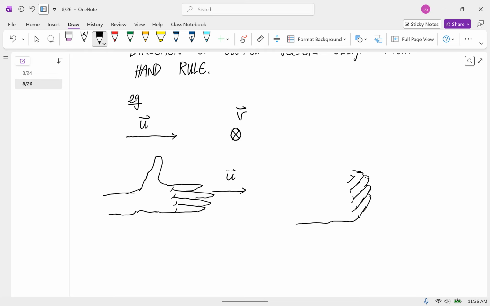You really are double jointed. Yeah. So now your fingers are pointing in the direction of v, into the page. And so the result is up. Any questions about that?